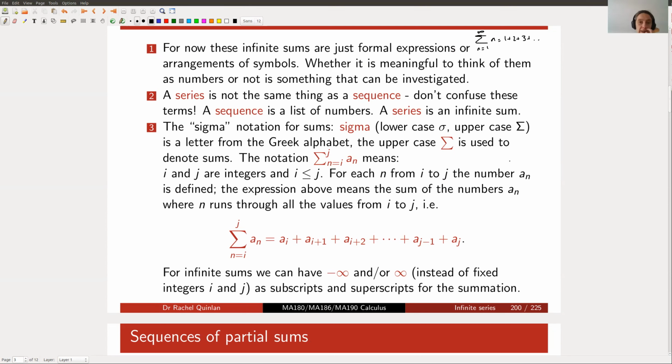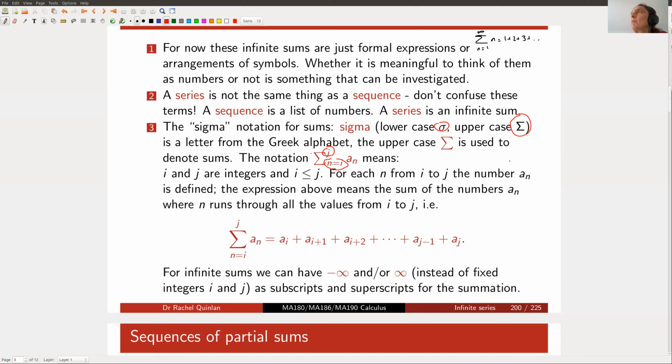Okay, a remark on the sigma notation, in case anyone's not familiar with it. Sigma is a letter from the Greek alphabet, and an uppercase sigma is a symbol that's used for sums. The lowercase sigma is the one we also met, and you've probably met it with Dane talking about permutations. So if you write down something like the sum of a_n, with subscripts and superscripts on the sum, that tells you where you're starting and where you're finishing.